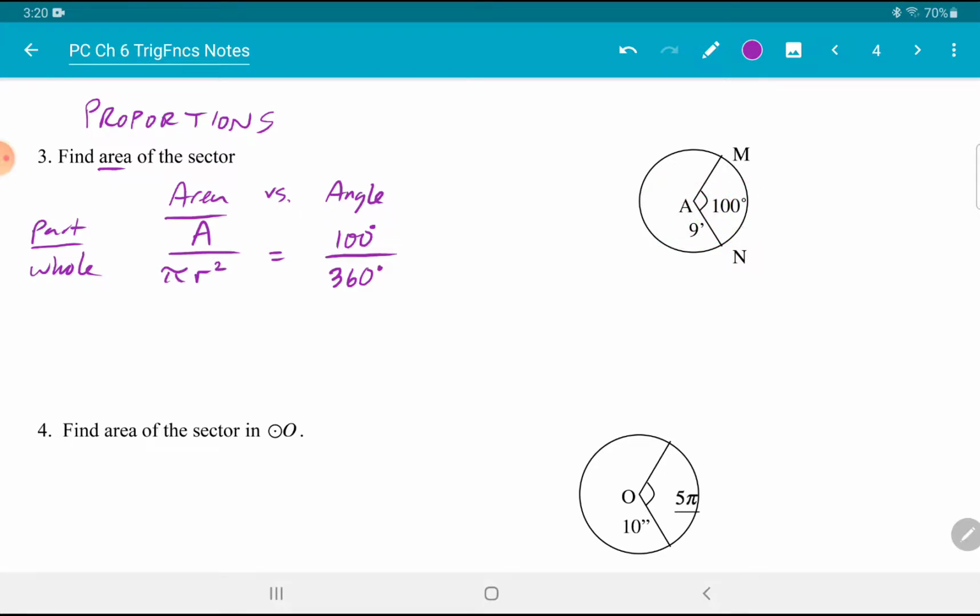Based on the information provided, the radius is a value of 9. So plugging that in, one other thing I want to mention here, in terms of units, you'll notice that there is an apostrophe there. Remember what we said very recently: if you think about an apostrophe, you tend to think of that as minutes.